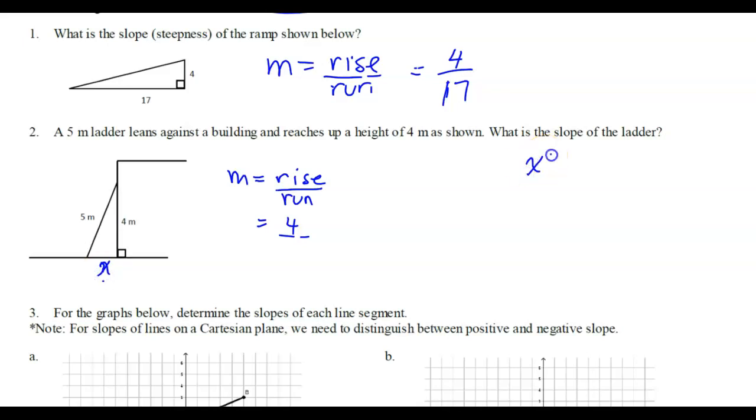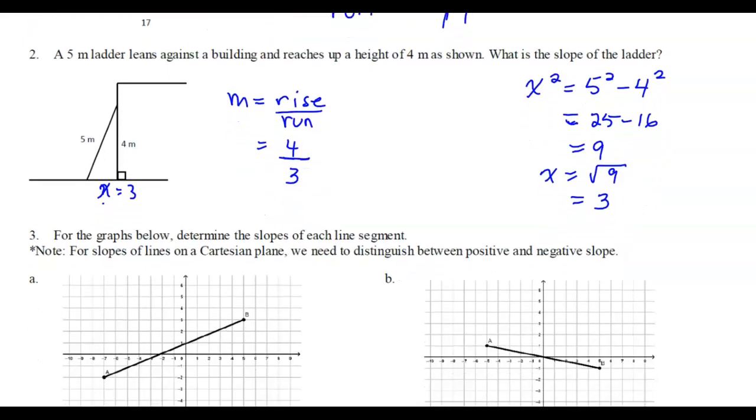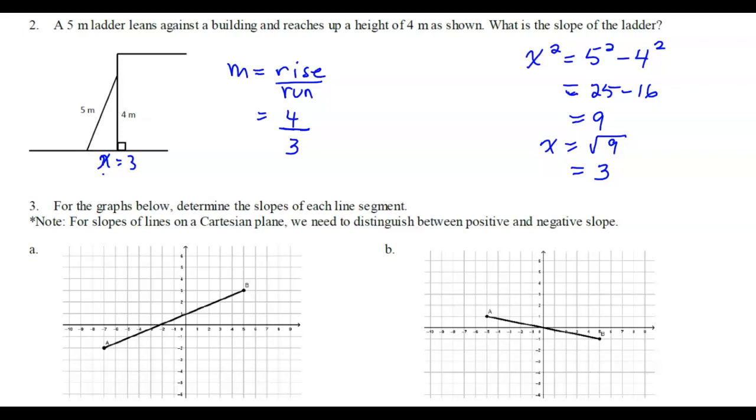So then x squared is the hypotenuse squared minus the other leg squared. So x will be the root of 9. We'll keep just the positive root because negative doesn't make sense in this diagram. So x equals 3. So the slope will be 4/3. Again, no units.